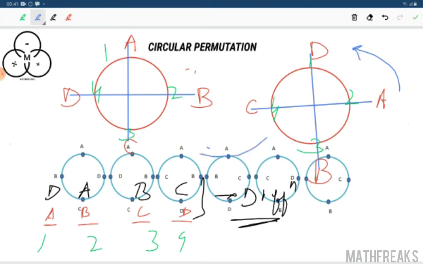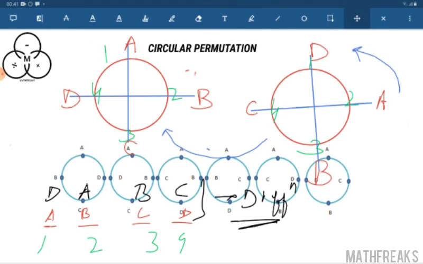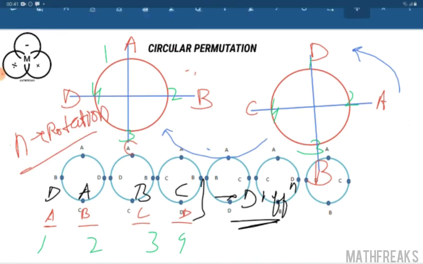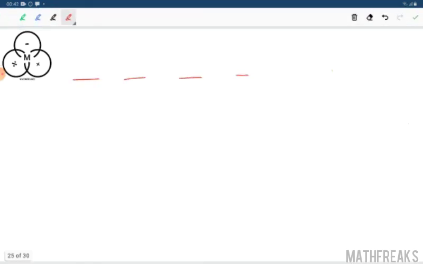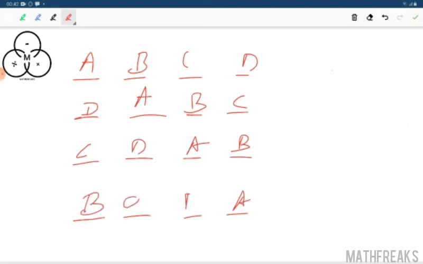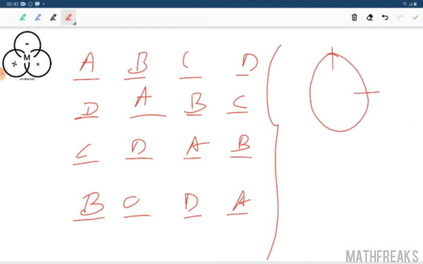But in case of a circle, if we just rotate the circle, we will get this arrangement. So by rotation we can get the arrangement. How many times can we rotate and get a new arrangement? We can do this n times. So in case of a straight line, A, B, C, D and so on, these are all different, but in case of a circle, we can just rotate and find.